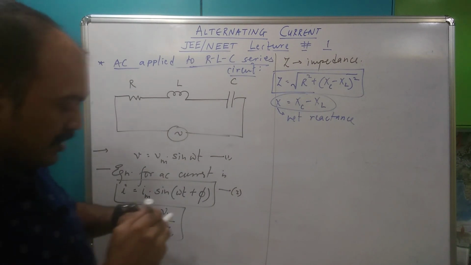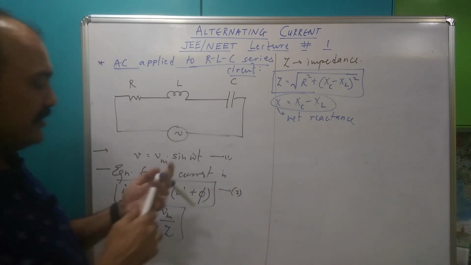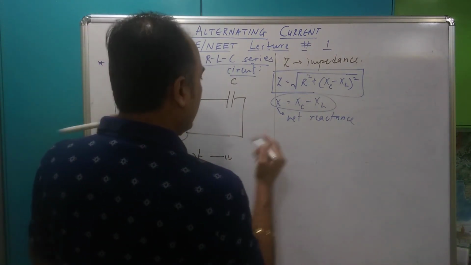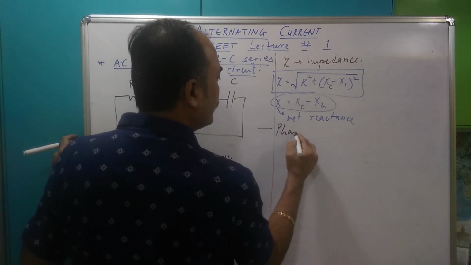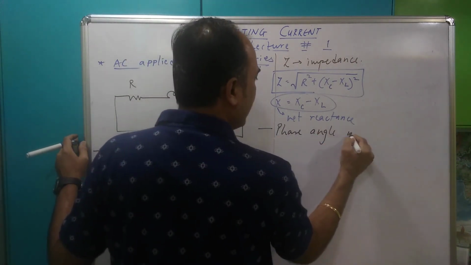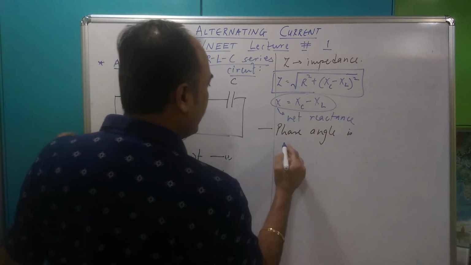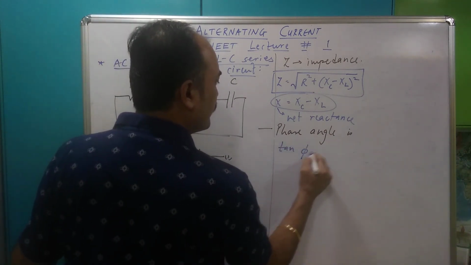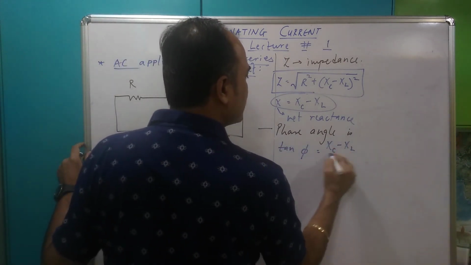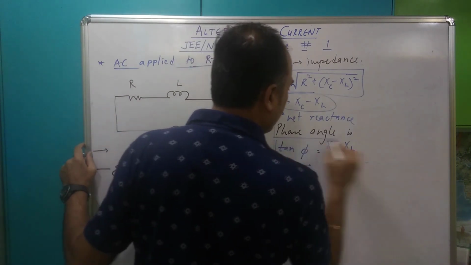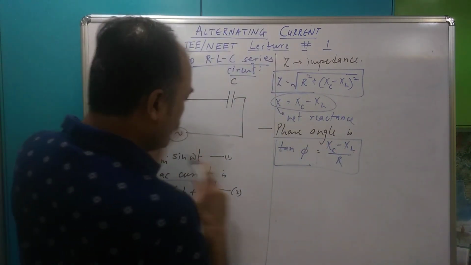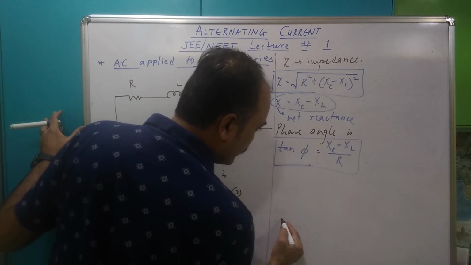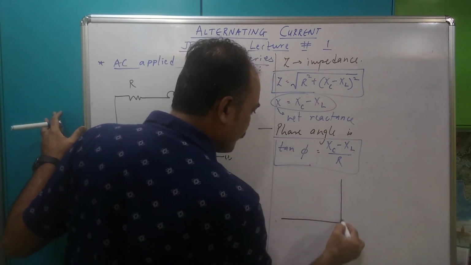Then the phase angle phi, the lead or lag angle: tan phi is XC minus XL by R.